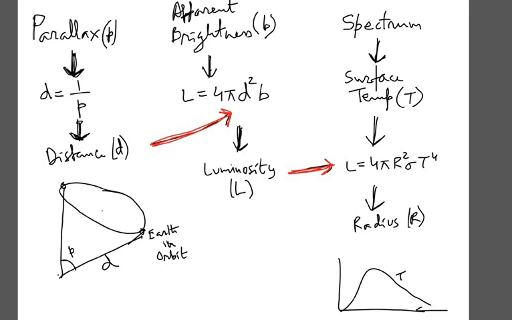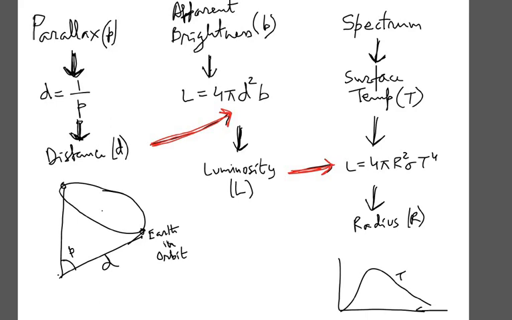Now if we use the luminosity and the spectrum of the light emitted from a particular star, then using this relation 4 pi r square into sigma T to the power 4, assuming black body radiation, we can get an idea about the surface temperature.